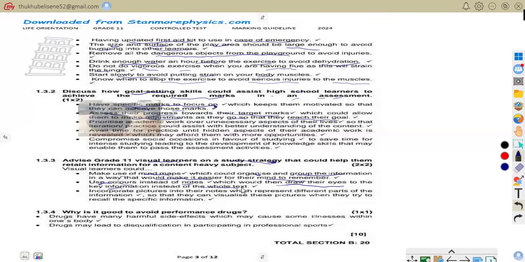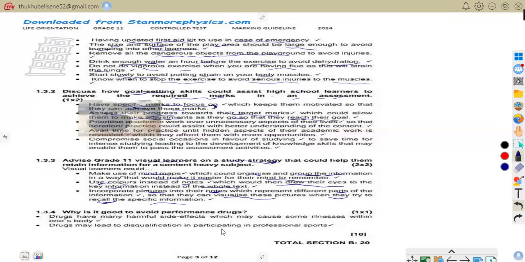For example, we're going to highlight key points and draw pictures to represent the concepts. Try to incorporate pictures into their notes, which represent different parts of the information, so that they can visualize these pictures when they try to recall the specific information.